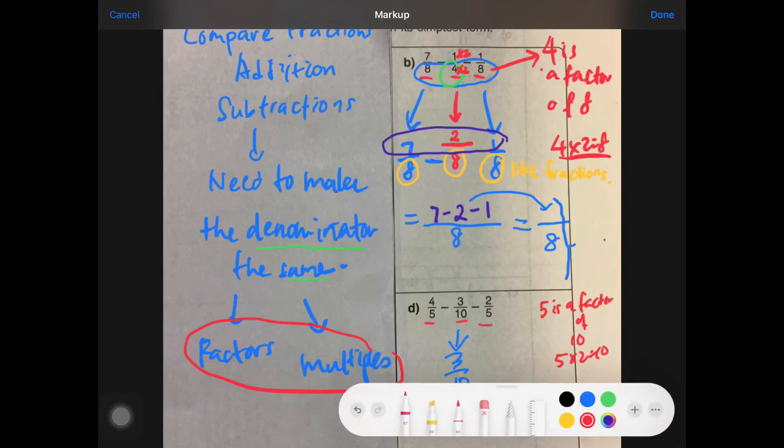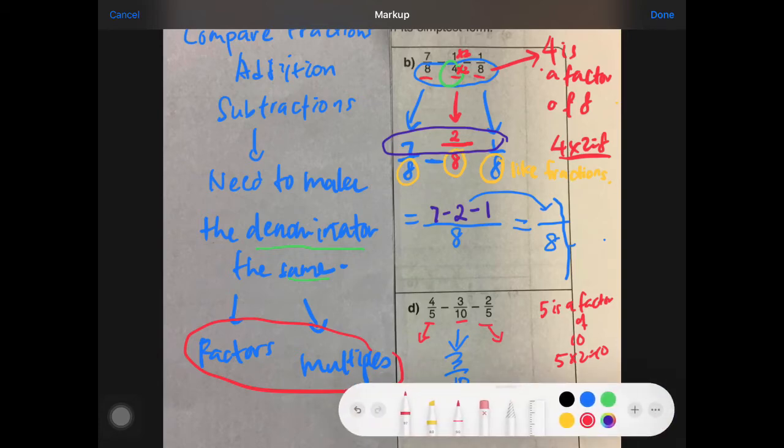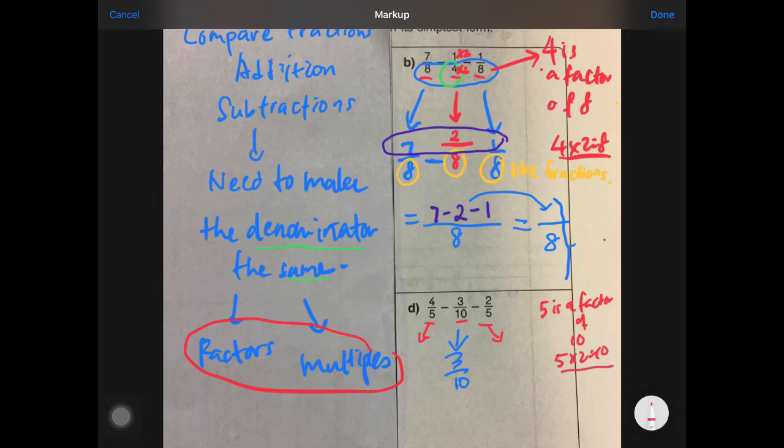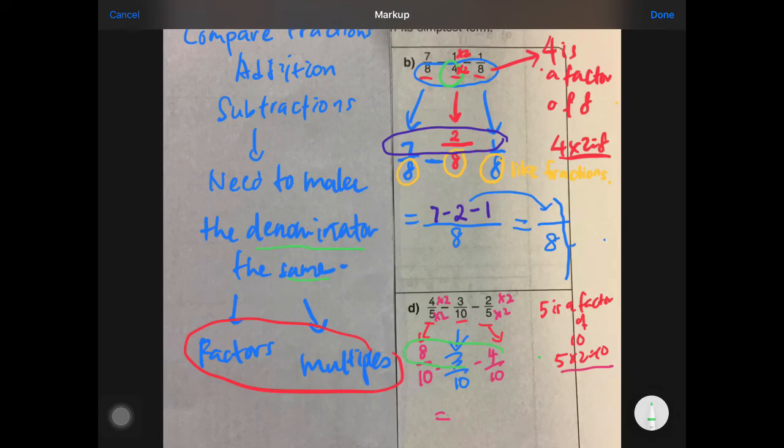And then we need to transform the 4/5 and the 2/5 by multiplying by 2, because 5 times 2 equals 10. And then you'll get, okay, after that you take away: 8 minus 3 minus 4 over 10, and then you get the answer.